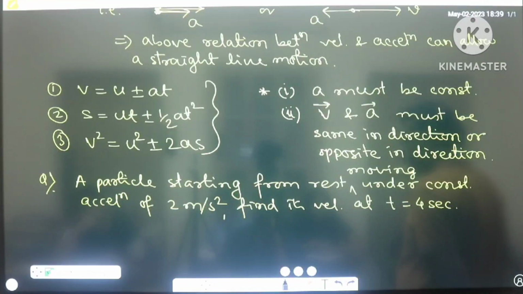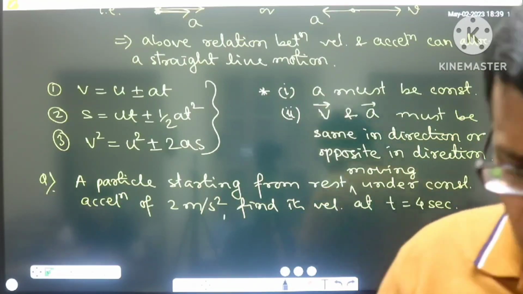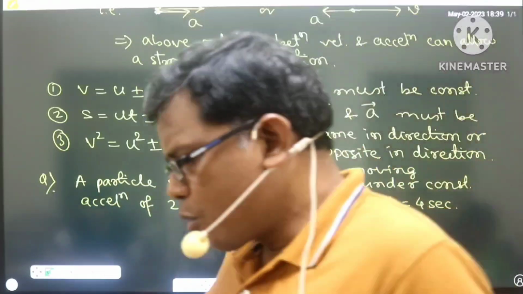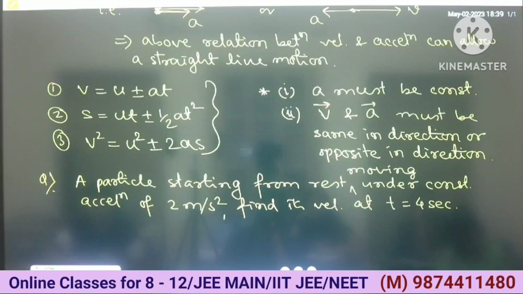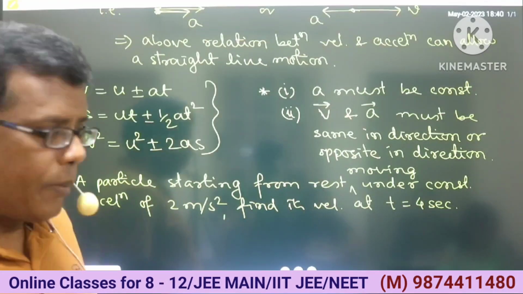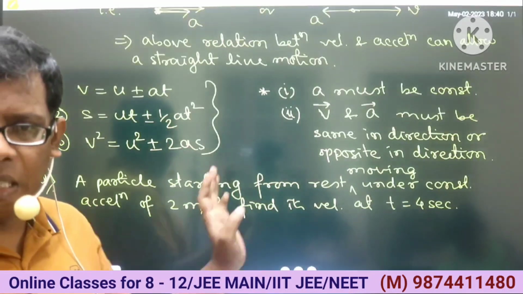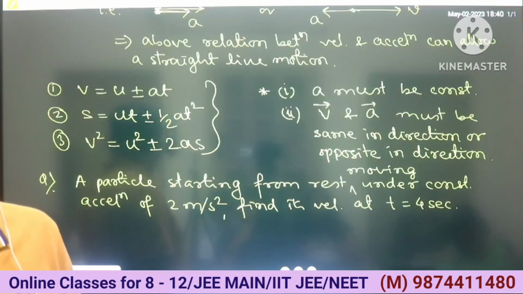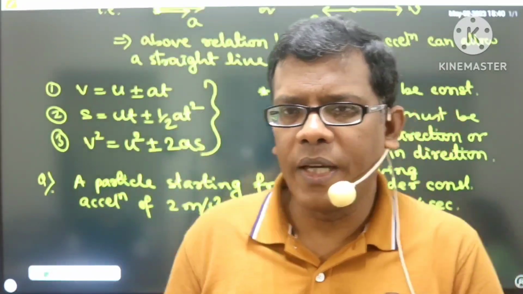First point, language থেকে বোঝা যাচ্ছে, it is said that the particle is moving with constant acceleration, তাহলে first condition টা automatically fulfill হচ্ছে. What about the second condition? How will you come to know that during motion velocity and acceleration are maintained same in direction or not? আমি তো স্টার্টিং ইনস্ট্যান্ট t ইকুয়াল টু 0 তে ইনফরমেশন দিয়েছি আর তারপর t ইকুয়াল টু 4 এ জানতে চাইছি, মাঝের 0 থেকে 4 সেকেন্ডের মধ্যে কতগুলো ইনস্ট্যান্ট হতে পারে?